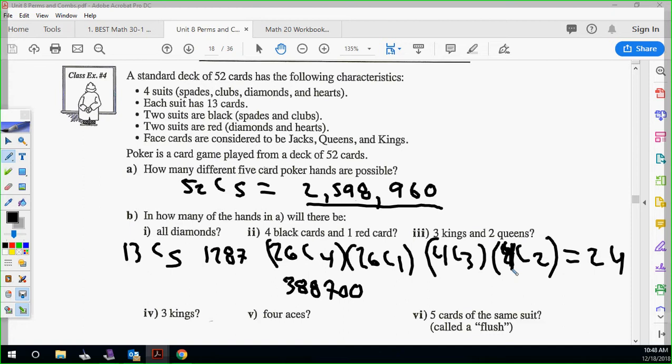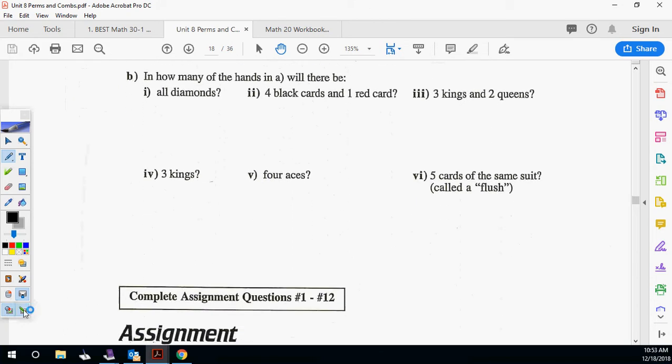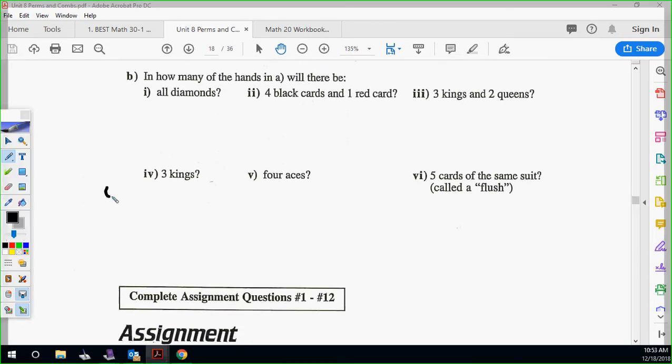So now they're completing the hand. This is 5 cards, this is 5 cards, this is 5 cards. You're not going to just get dealt 3 cards, right? So you need to fill in the other 2. I know it's 4C3 for the kings. What's it for the other 2 cards? Not 52, because we have the 4 kings pulled out, right? 48C2.